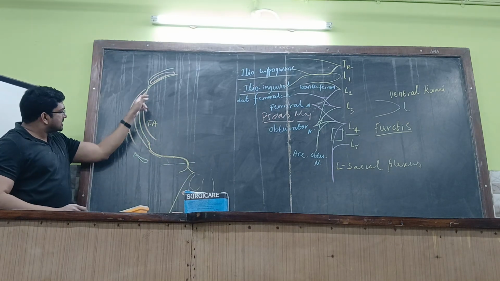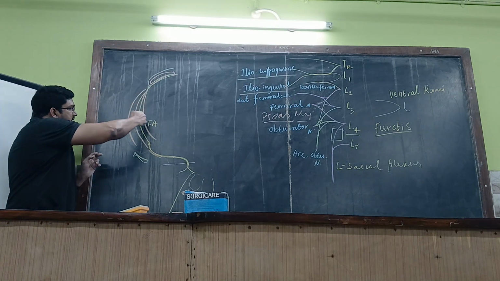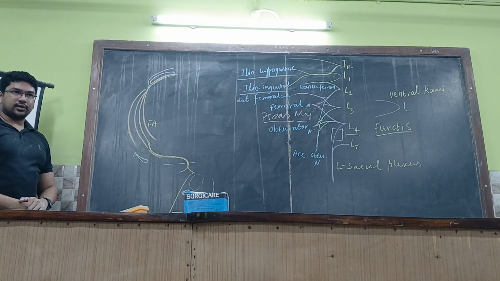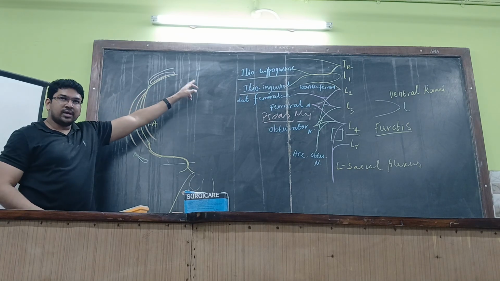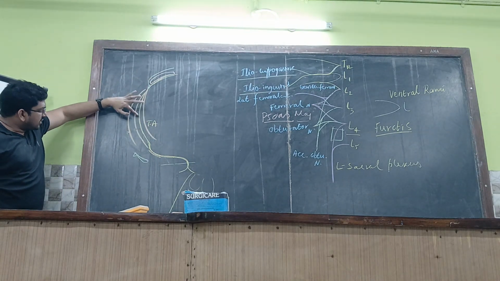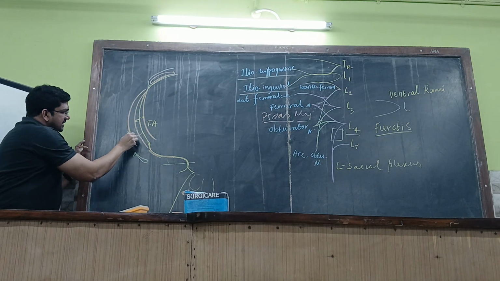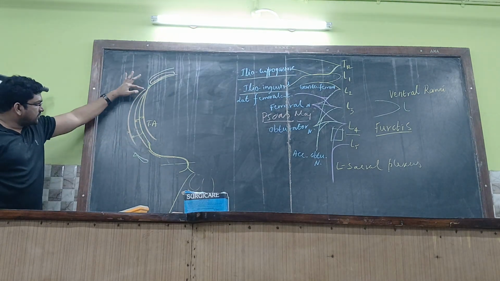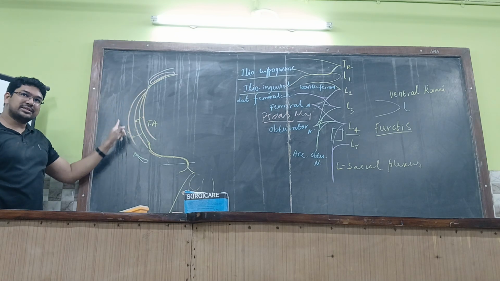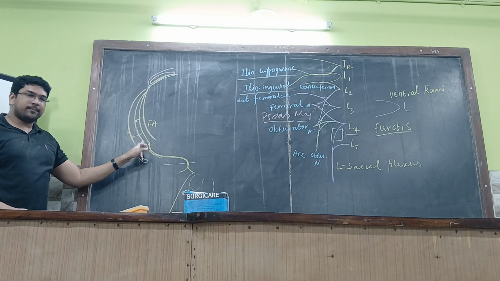So what happens to this part of the iliohypogastric and ilioinguinal nerves? Whenever they are passing through these muscles, all these muscles will be supplied by these two nerves. Iliohypogastric nerve and ilioinguinal nerve pass in between the two muscle planes over here. Isn't it? So whenever it is passing, it will be supplying the transverse abdominis, internal oblique, and of course external oblique also by means of this iliohypogastric nerve. But the ilioinguinal nerve will not be piercing the muscular part of the external oblique, but it will be supplying only the transverse abdominis and internal oblique.